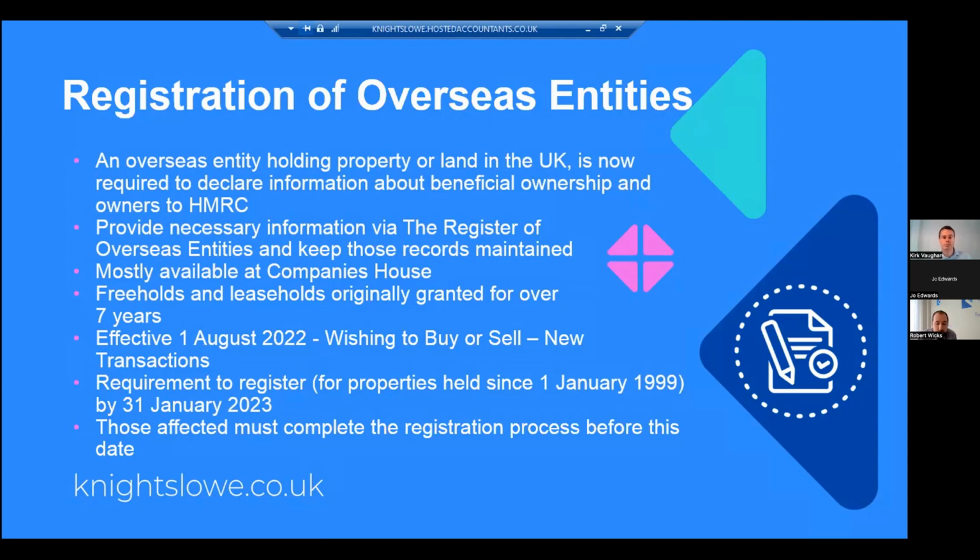If you have a foreign company and you already own property and it hasn't transferred hands yet or will in the future, then you need to register by the 31st of January 2023. So this is essentially to ensure that there's accountability for who owns what land, so that can be maintained.